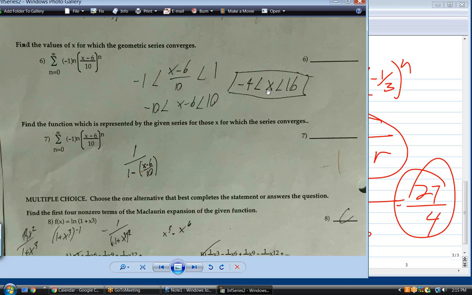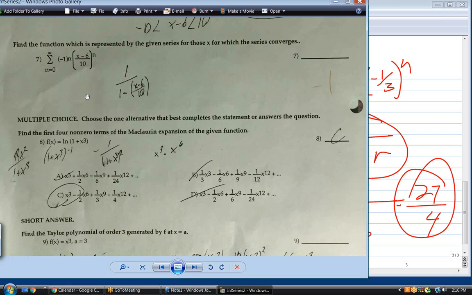So as long as x is greater than minus 4 or less than 16, then what's inside will be less than 1. And then we have a geometric series that's going to converge. If we're outside of this range, then what's inside the parentheses is going to be greater than 1, and it will diverge.